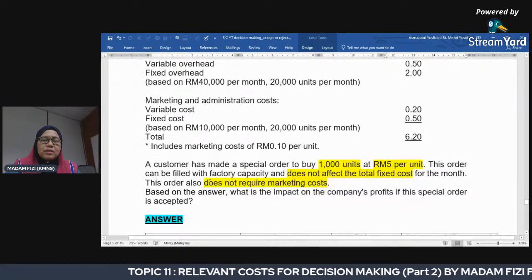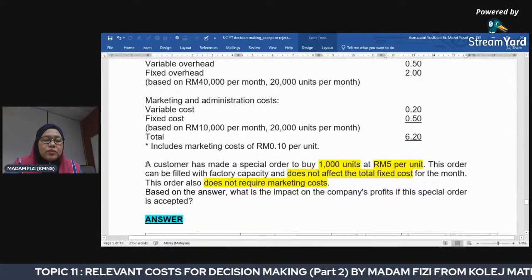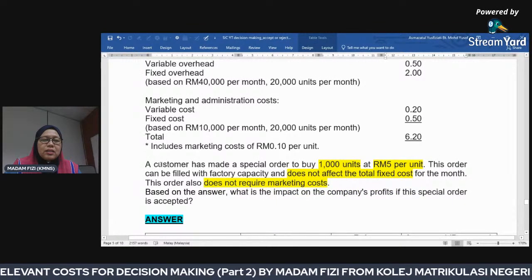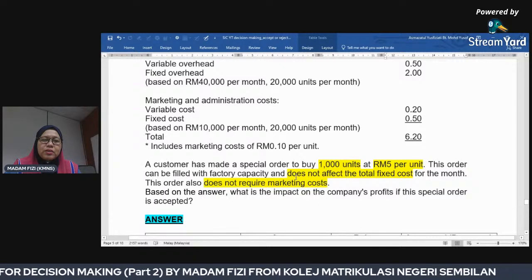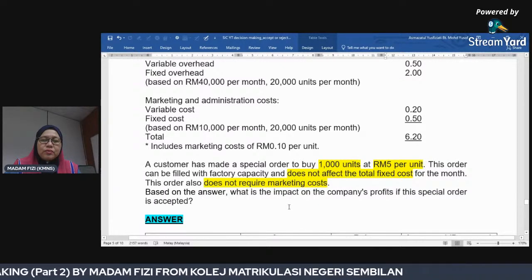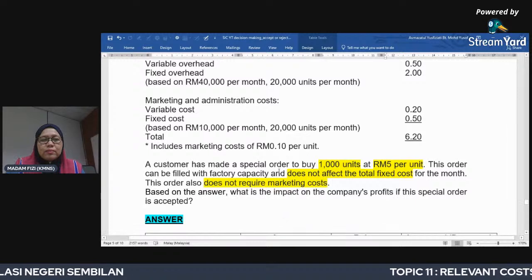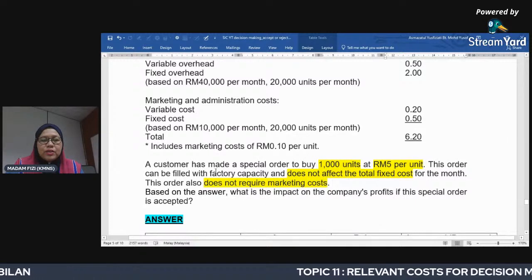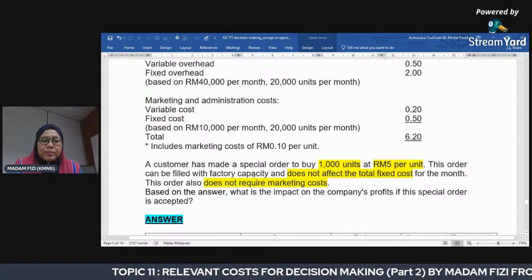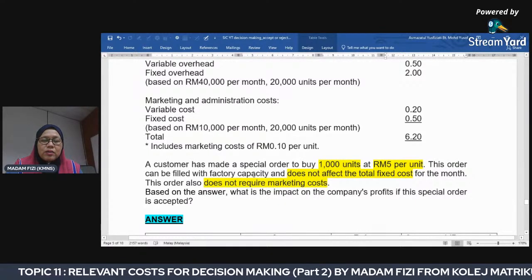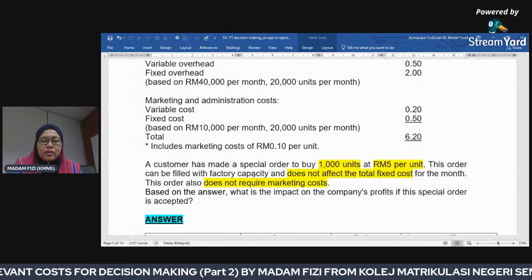And then what is the information? The customer has made a special order to buy 1,000 units at 5 ringgit per unit. This order can be filled with factory capacity. When it says this order can be filled with factory capacity, it means you don't have to calculate the capacity anymore, and it does not affect the total fixed cost for the month.